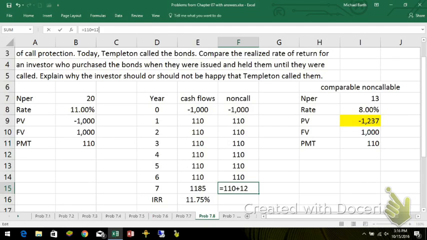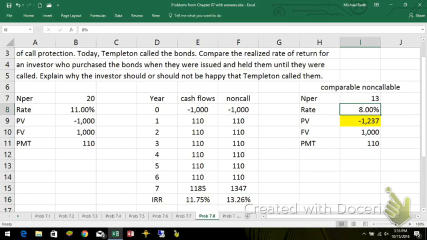Could have sold it for $1,237, which would have meant that he would earn a higher rate of return still. So is the investor happy? Well, 11.75% is better than 0, but it's not as good as it could have been. The only time a corporation calls its bonds is when it hurts the investor. Otherwise, they're not going to do it.